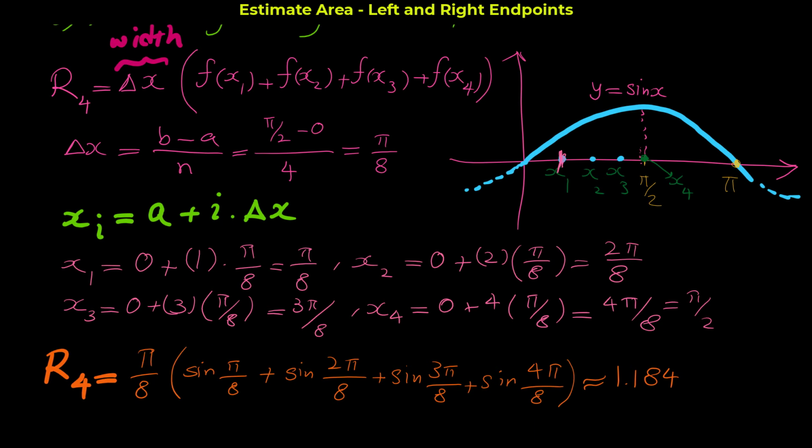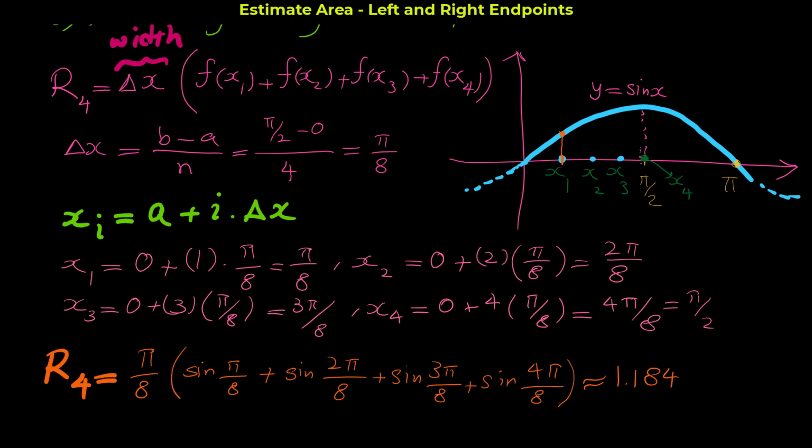whose areas we actually calculated for estimating the area. The first rectangle is basically this rectangle. Attention, the first point was x1. x1 is here. So from here, we went up to the curve.